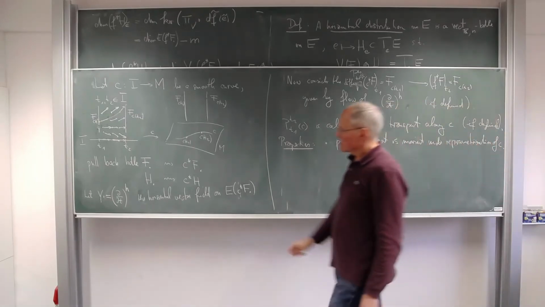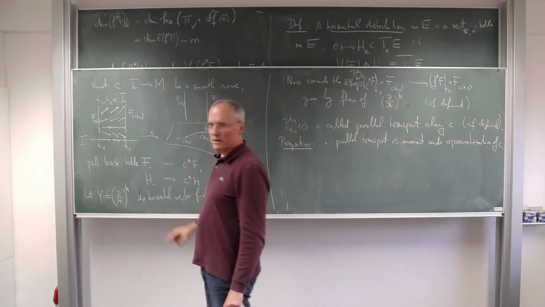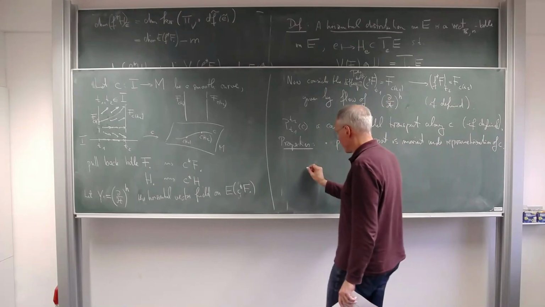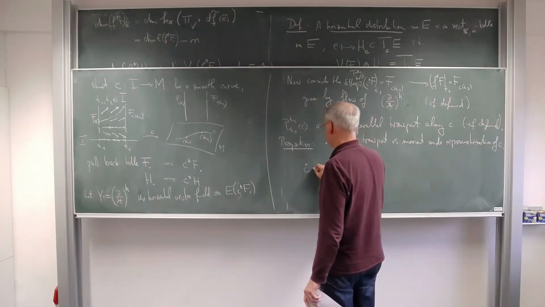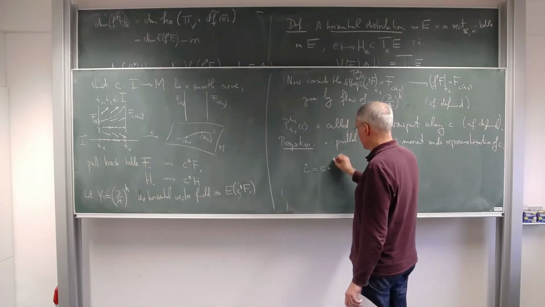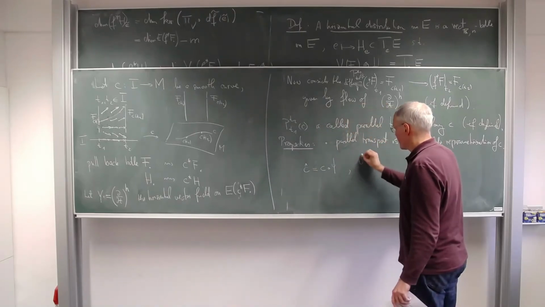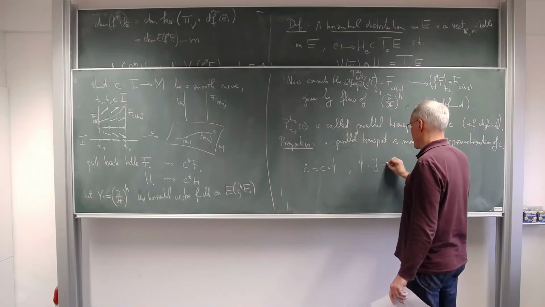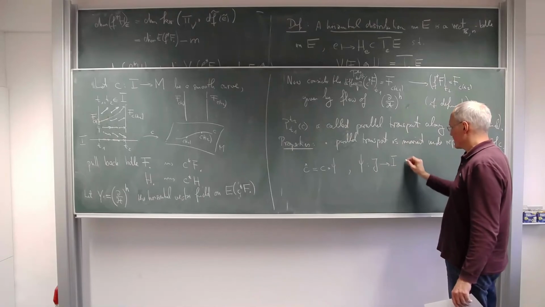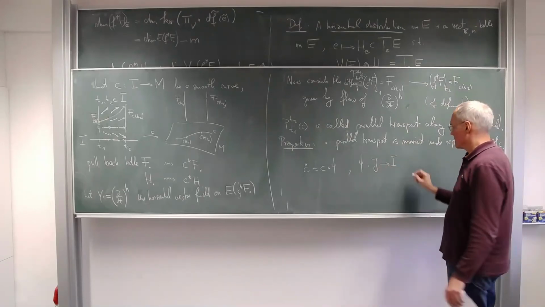What does this mean? If I replace the curve C by a curve composed with a reparameterization, so let's say I have C hat equal to C composed with psi, and psi from the interval J to the interval I is a reparameterization, so it's a diffeomorphism of these intervals.